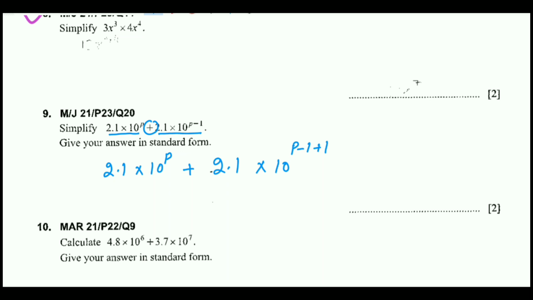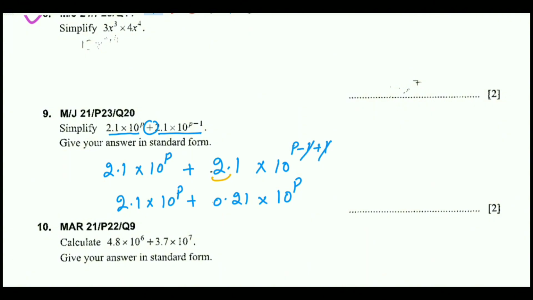So what we will do, we are adding one power, we are actually increasing one power. So our decimal will move one number left side. So it will become 2.1 multiply 10 raised to power p plus 0.21 multiply 10 raised to power p.